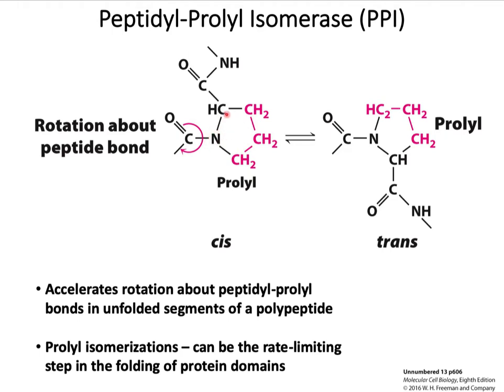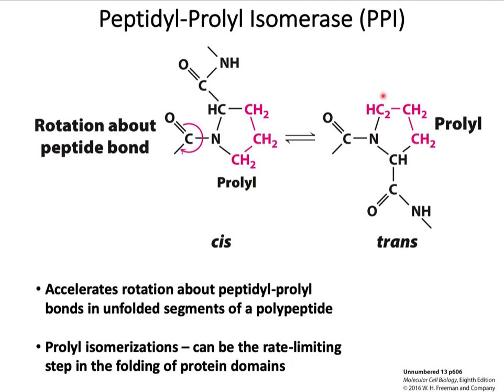Most peptide bonds are trans bonds due to steric hindrance, but proline's unusual structure can stabilize the cis form, and both the cis and the trans form, which is flipped, can exist under natural conditions, and this is extremely important for protein folding.